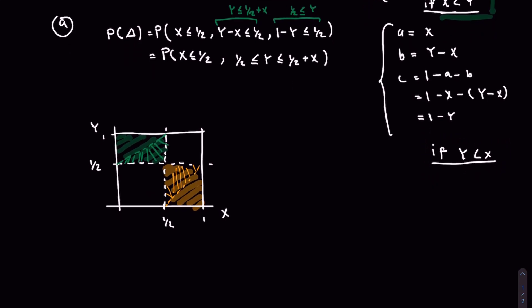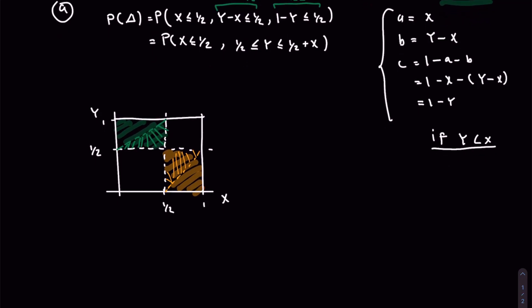And now, thinking about what this means: this base is a half and this height is also a half, right? So the area of this triangle is a half times a half divided by 2. Actually, we don't even have to do that calculation.